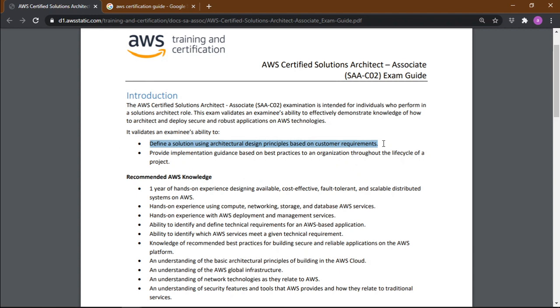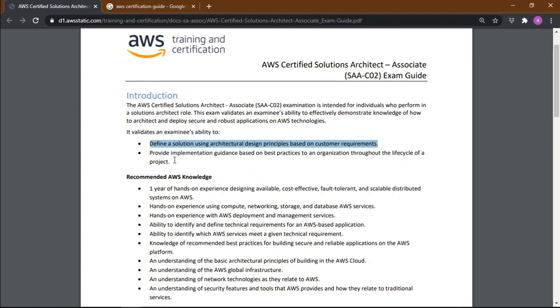You have to be able to find solutions to many different architectural problems which the customer can receive. The second point is you not only have to create and suggest those solutions, but you also have to find a way to efficiently implement that solution.